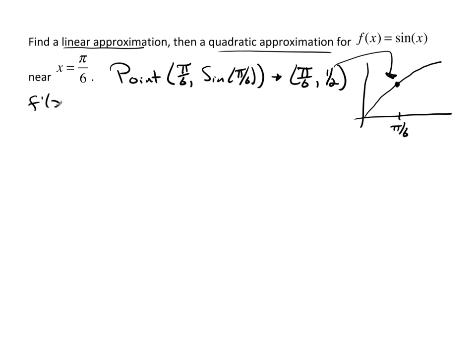Now, the first derivative, f prime of x, is equal to cosine of x. And I want to evaluate that at x equals pi over 6. That's root 3 over 2. So that's the first derivative at a, so to speak, because a is pi over 6. So that gives me my linear approximation.